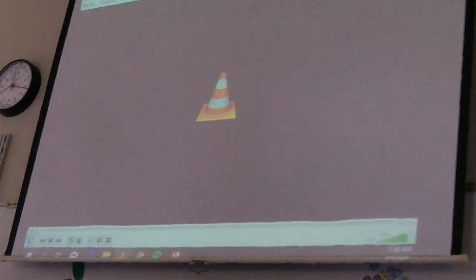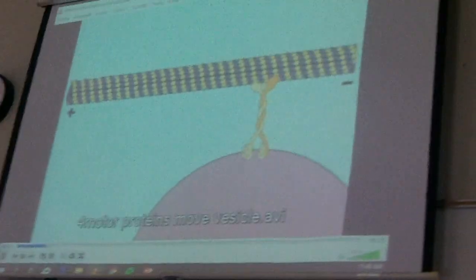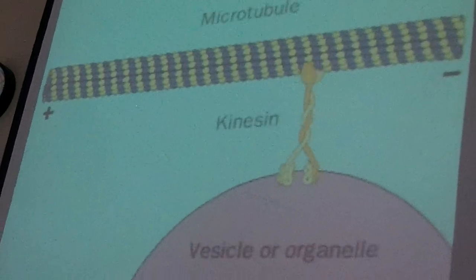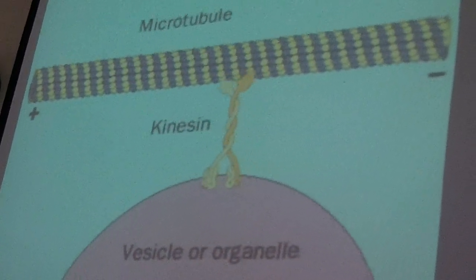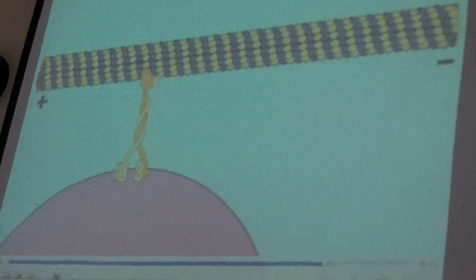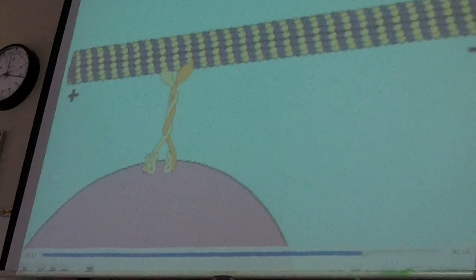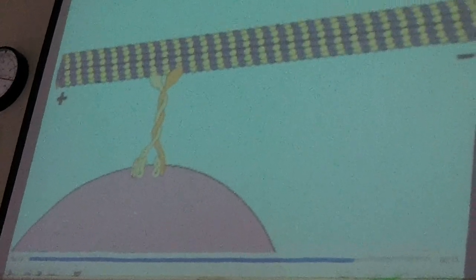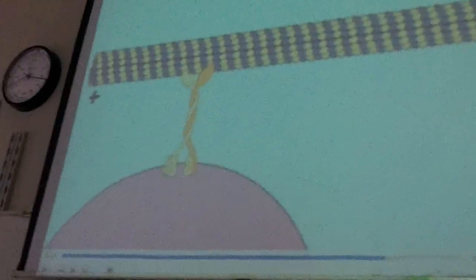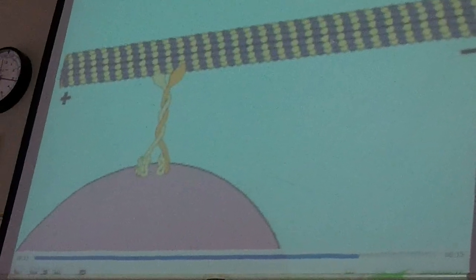There's the microtubule. There's the vesicle. That's a bubble in the cell that's carrying something, and they don't just move around randomly. They're moving using motor proteins.